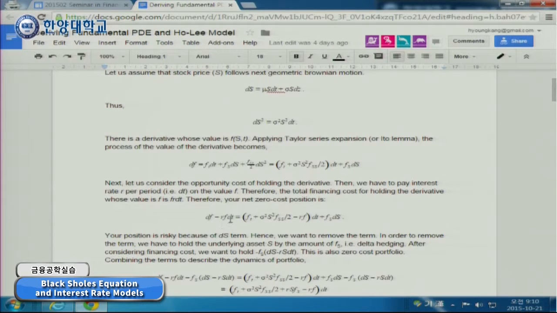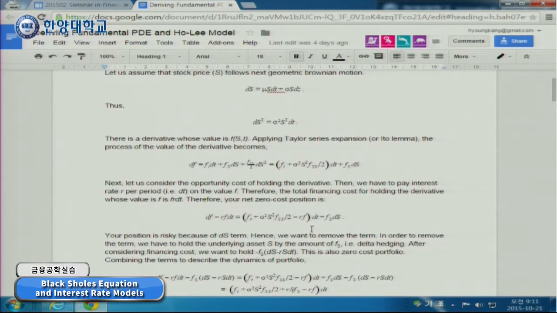So your net position is zero, but it does not mean that you are not exposed to risk. You borrow money and invest in assets. If your asset price goes up, you are good. If the asset price goes down, you are bad. So although you didn't invest anything in net, you are actually exposed to the risk because of the stochastic term driven by the underlying asset, f_S dS.